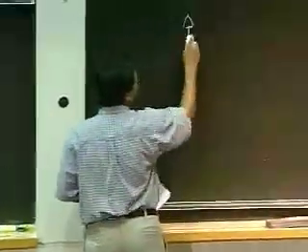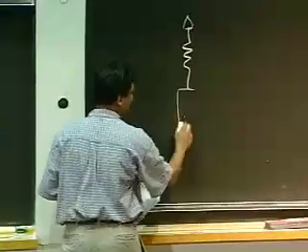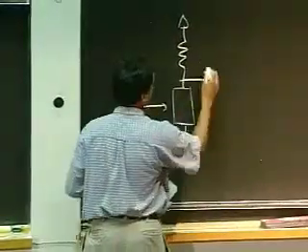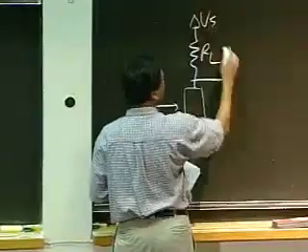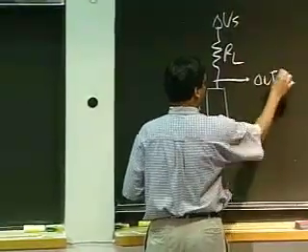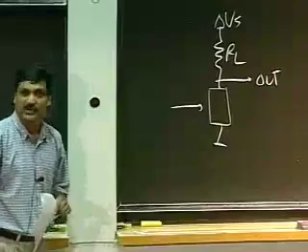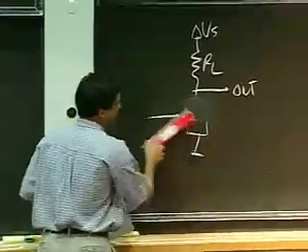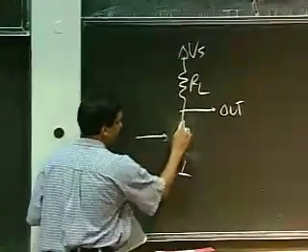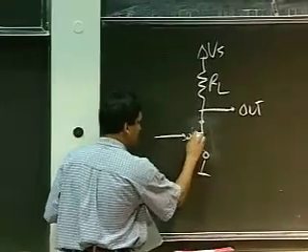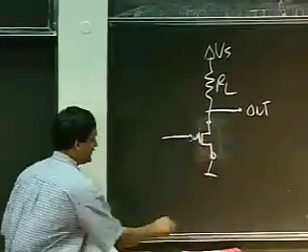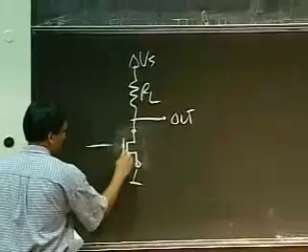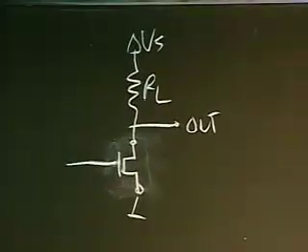So I can build, if I replace, so this was my switch earlier, and what I can do is replace this with my MOSFET, and that's what I get.